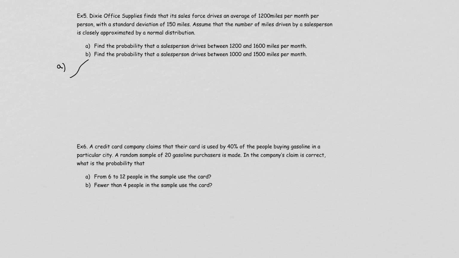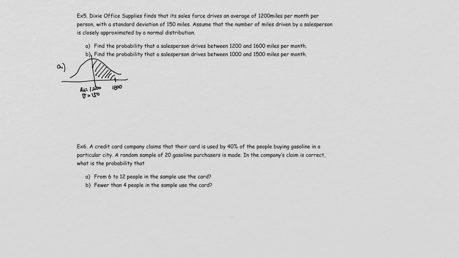Let me draw the normal distribution. The mean is 1,200, and the standard deviation is 150. They want to know between 1,200 and 1,600. So this is the probability area they want you to look for.